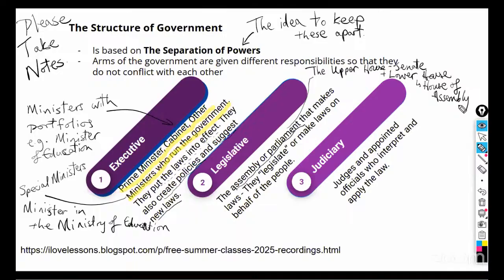So their job is to make the law. They legislate. They are the legislative arm. Sometimes they are called the legislature.